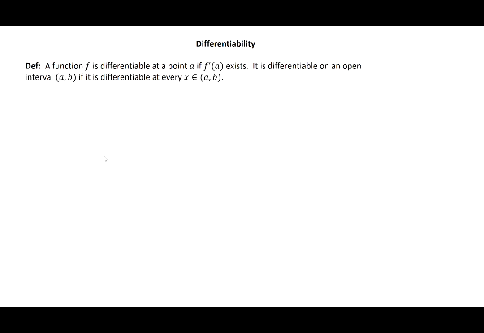What is f prime of a? That limit thing. Limit as h approaches 0 of f of a plus h minus f of a over h. If that limit exists, then the function is differentiable at the point. Otherwise, if that limit does not exist, then the function is not differentiable at that point.